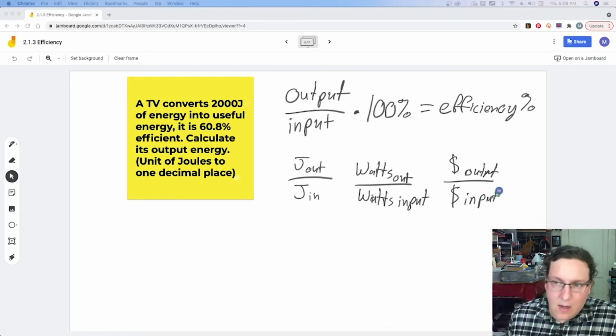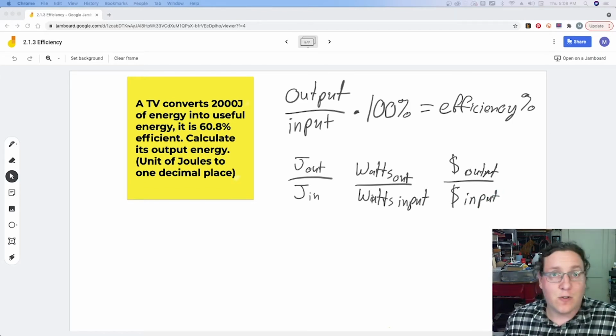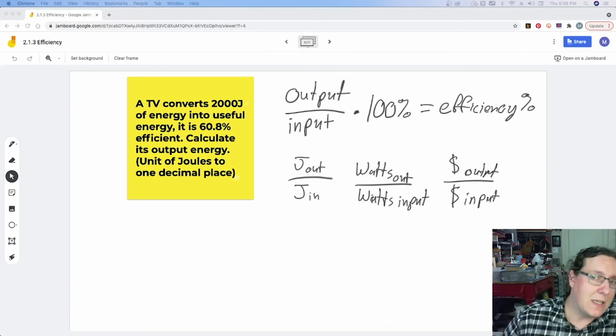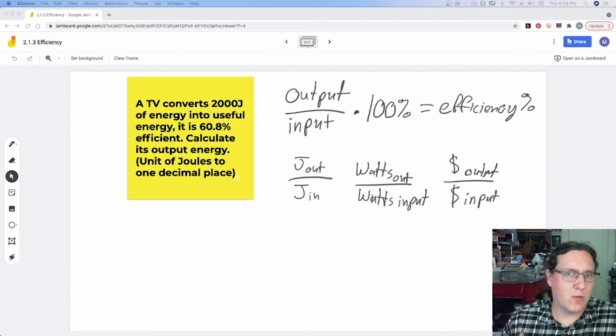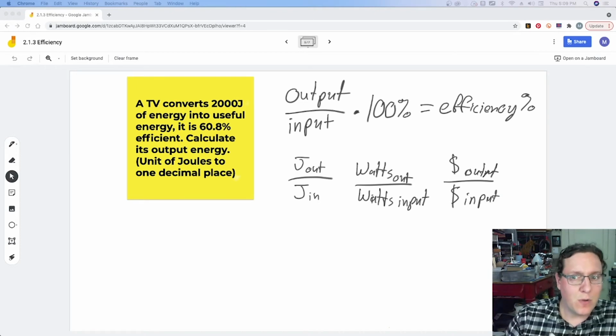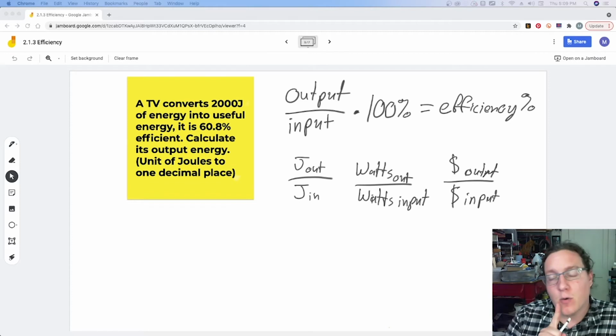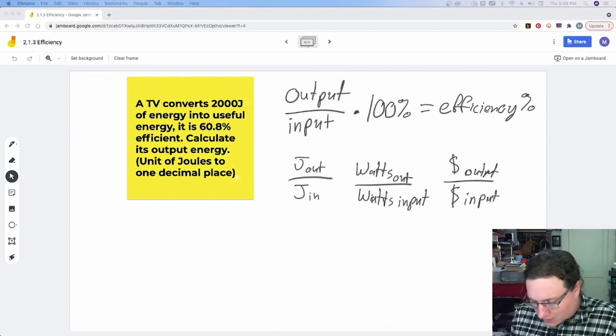Okay. Generally, your input values are going to be the larger whole complete numbers. The output is going to be some smaller portion of that. So generally, when you divide these, you're getting a decimal value less than 1. Okay? That's why we have to do the multiplication of 100.